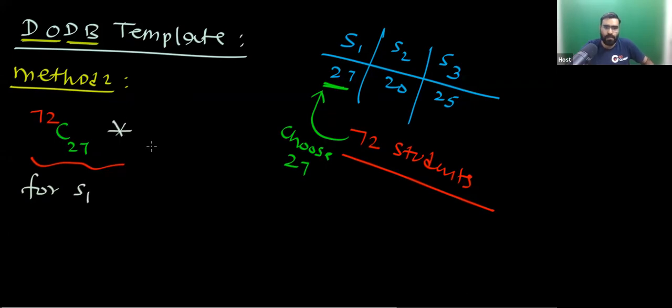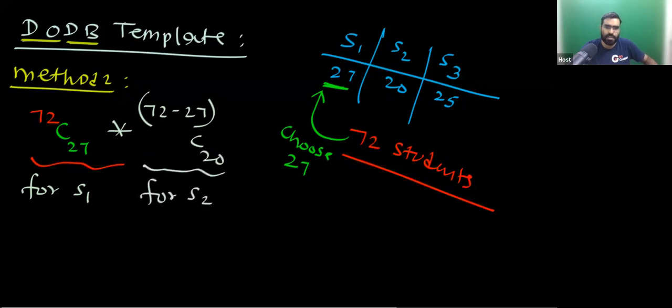Then from the remaining, you can select 20 students and you can give to S2. Agree? Yes or no? And then from the remaining, you can give 25 to S3. The remaining will be 25, and you can give them to S3. Okay, so this is your answer.